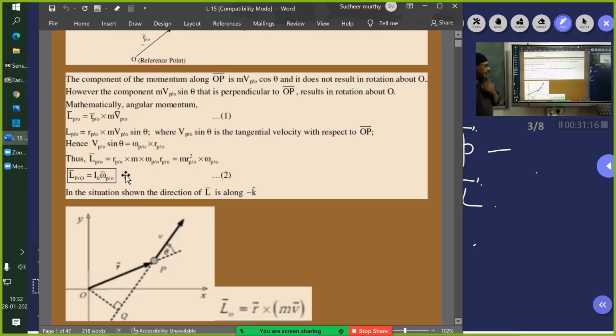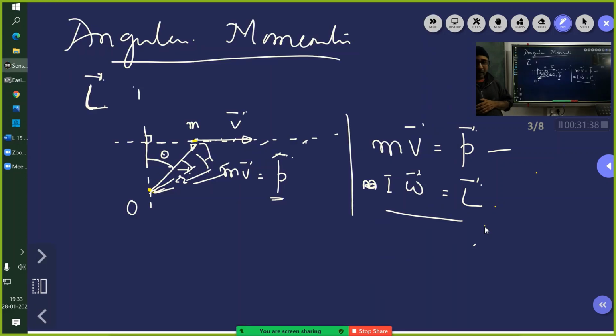But here, the direction of omega bar is up, and the direction of L P O bar will be the same as the direction of omega bar.